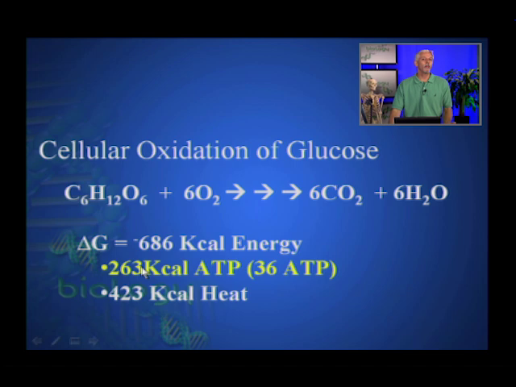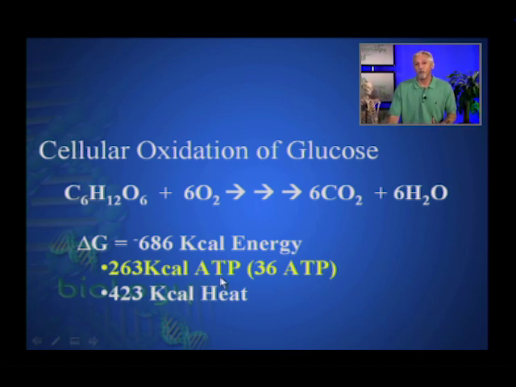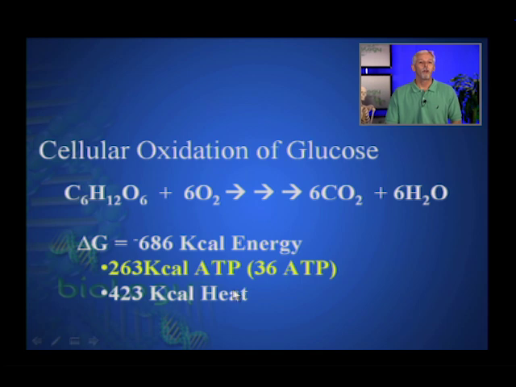About 263 kilocalories of that will be tied up in ATPs. If this is a completely efficient process, we'll have about 36 ATPs, sometimes 38 ATPs. Also, heat is released in this process as well. Most of it is released as heat, and some of it is trapped in the energy of ATPs.